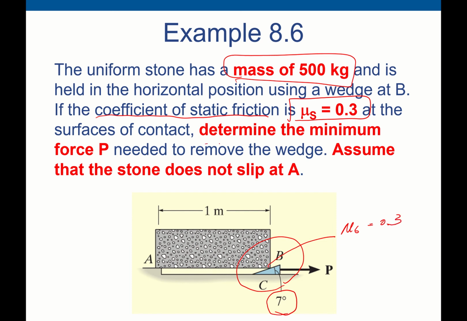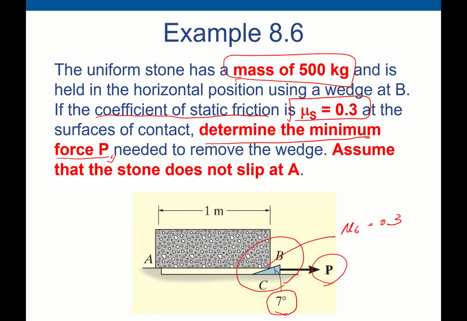Determine the minimum force P. Somehow we want to pull the wedge. What is the minimum force? That means what is the force that can create impending motion?